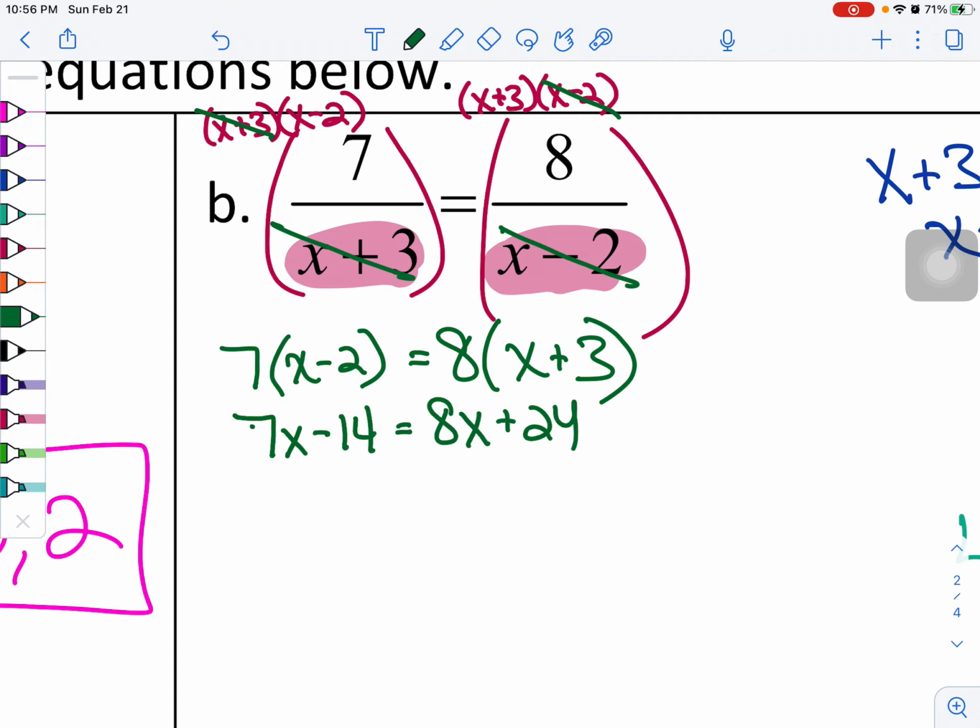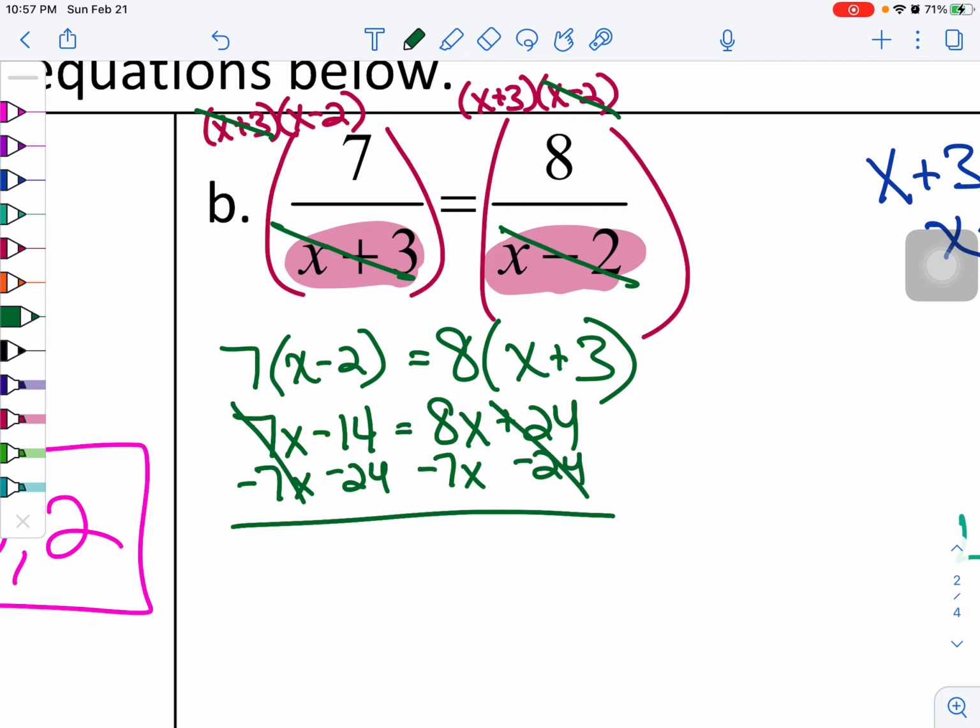So we've got 7x minus 14 equals 8x plus 24. I'm going to go ahead and subtract 7x, and at the same time, I'm going to subtract 24 from both sides. So 7x will cancel out, 24 minus 24 is gone.